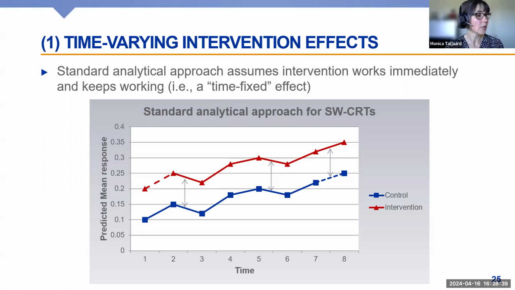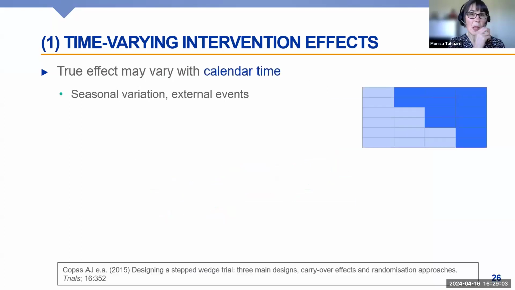So in other words, the effect of the intervention is the same regardless of where it is introduced, and so the two lines are parallel, essentially. I think people don't appreciate that this is the implied model when you design your stepped wedge trial using standard approaches. And these are the approaches that are in common use.